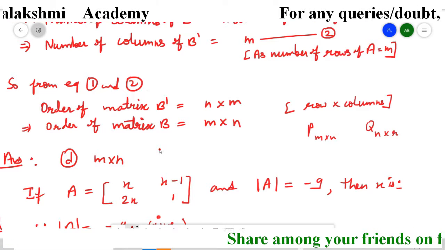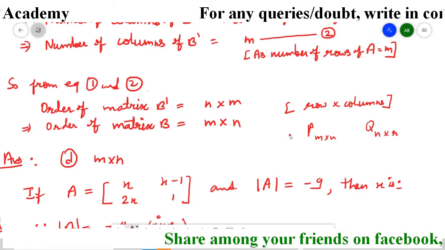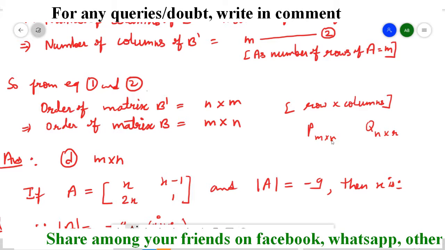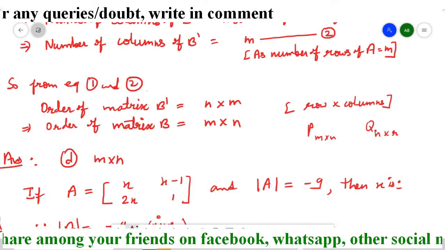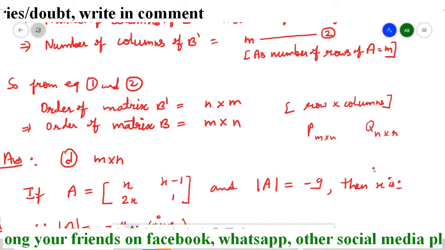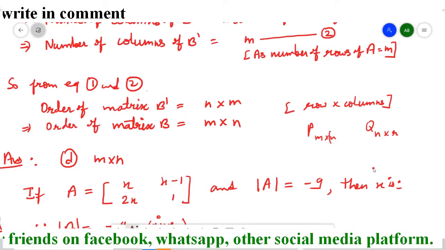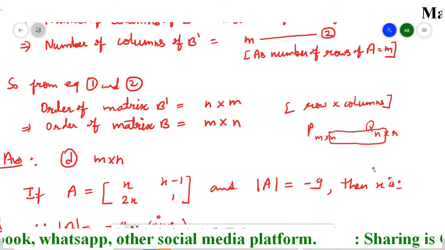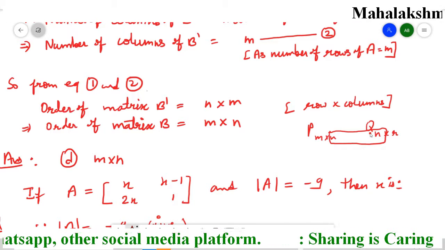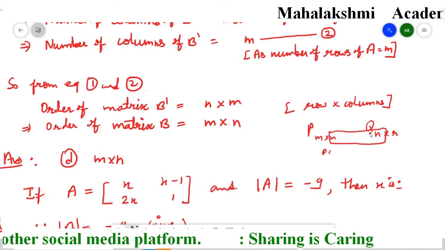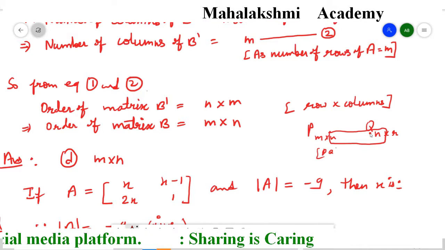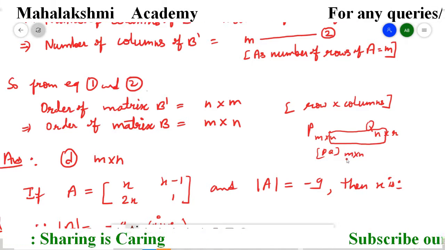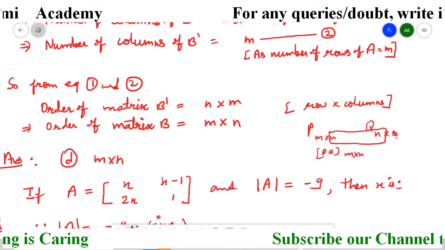Then the product of these two matrices is defined only if the number of columns of the first matrix is the same as the number of rows of the second, meaning they should be the same. See the theory, it is given in your book. This is a very important theory. They should be the same, then only the order of the PQ matrix is going to be m cross n, meaning these two come here, m is here and R will come here.